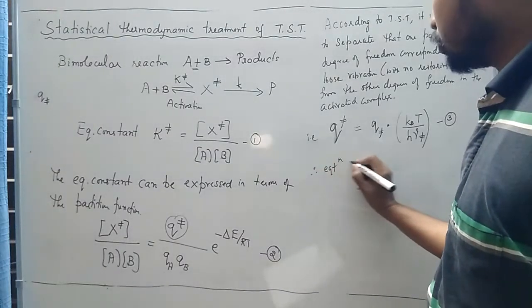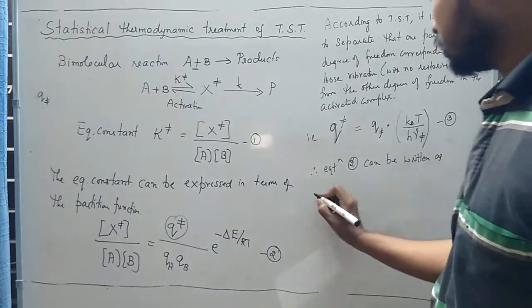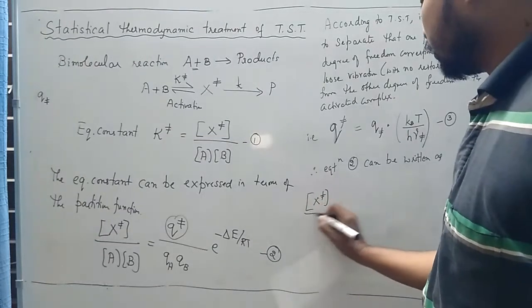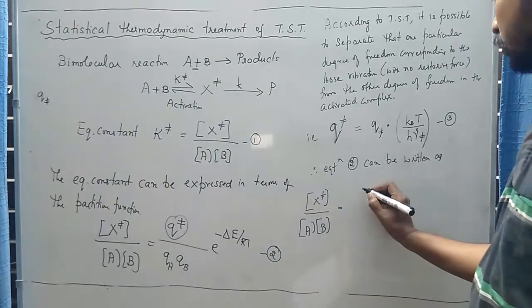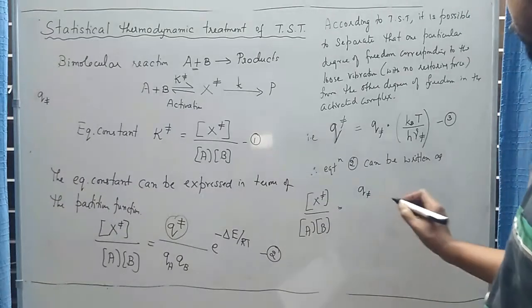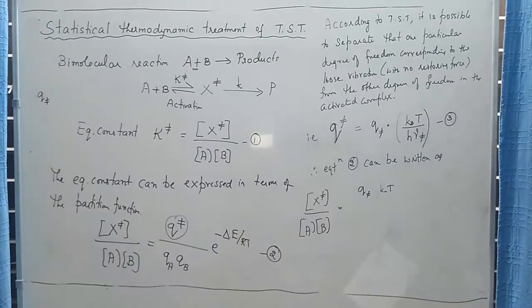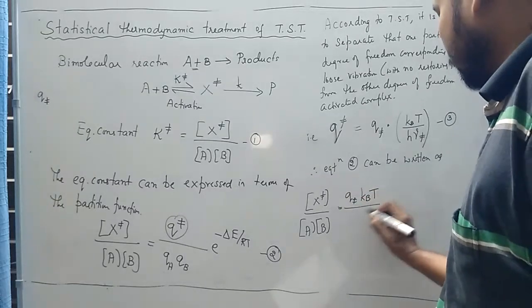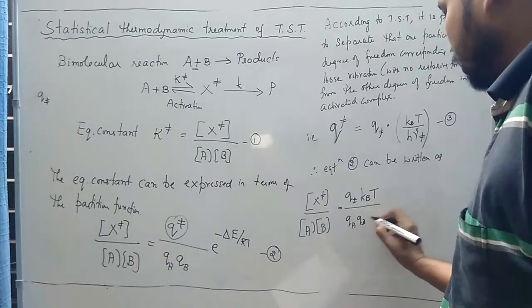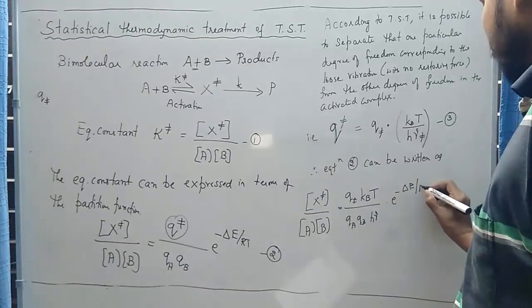Therefore, equation 2 can be written as concentration of X dagger divided by concentration of A into concentration of B is equal to Q dagger into kB T divided by h nu dagger, into kB T into Q dagger divided by Qa into Qb into h nu into e to the power minus delta E divided by RT.